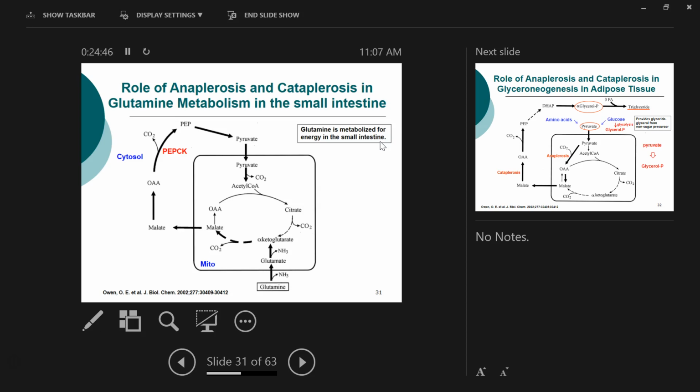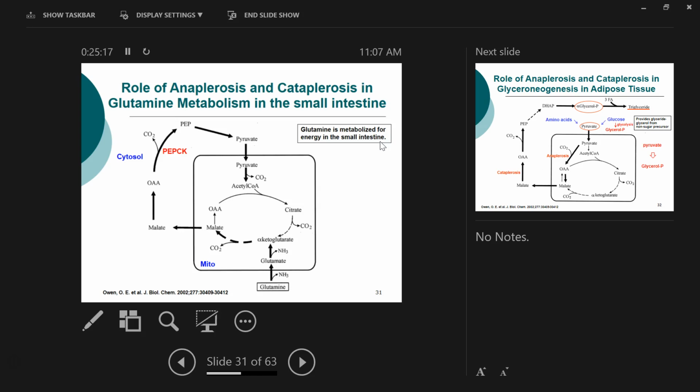Here is an example of how the small intestine utilizes glutamine as energy. This is a pathway for energy production. Glutamine is first converted to glutamate and alpha-ketoglutarate, and then goes through several reactions in the TCA cycle and converts to malate.